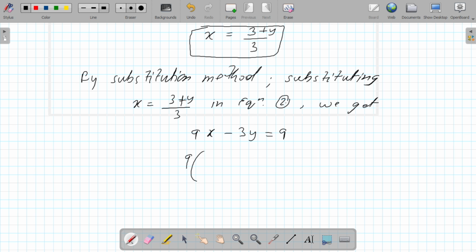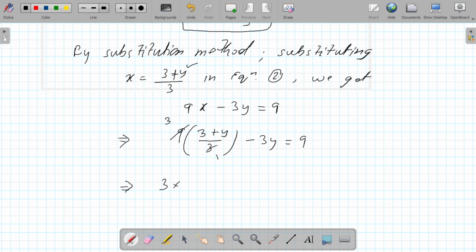X equal to 3 plus y upon 3, minus 3y equals to 9. So we can cancel out from 3. 9 is multiplying here. So 3 ones are 3, 3 times 9. Okay, now we can write this like this to denote our steps.